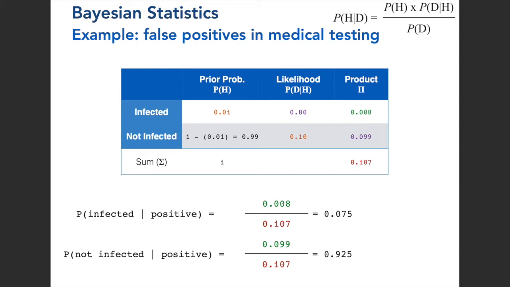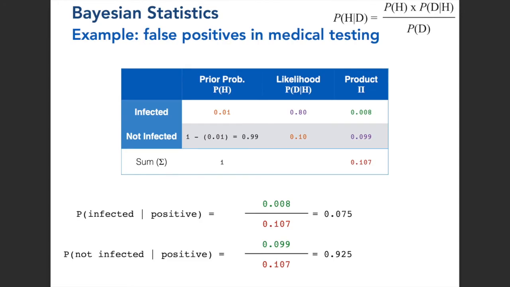Because of those implications, they changed the recommendations to say, there are so many false positives and people are making life decisions based on them that we need to up the age at which they recommend mammograms to an age where the prior probability of having breast cancer is higher, so that these false positives aren't such a big issue. So again, Bayesian statistics allows us to get a probability of a hypothesis given the data, which is often what we want.